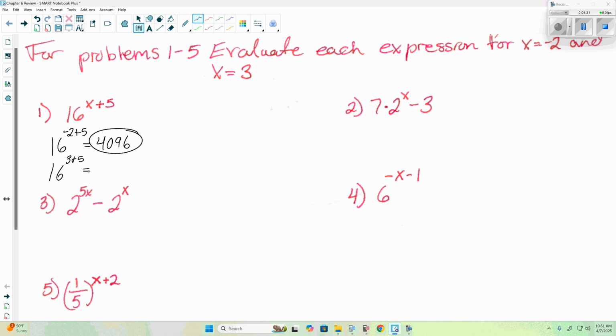Now the other part, we're evaluating for when x is 3, so 16 to the 3 plus 5.